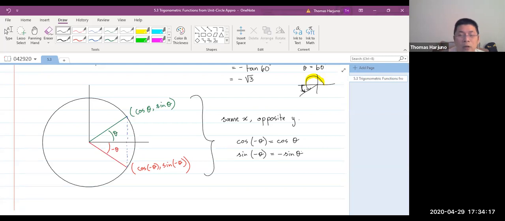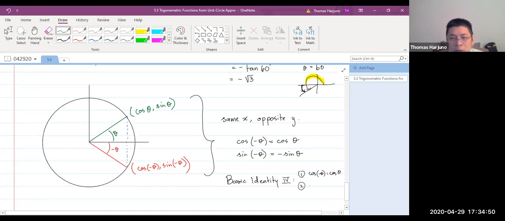Okay. By the way, this suddenly leads us to another group of basic identities. So let me add to our basic identities, basic identity 4. The first one is cosine negative theta equals cosine theta.